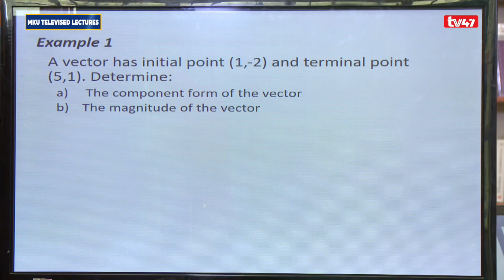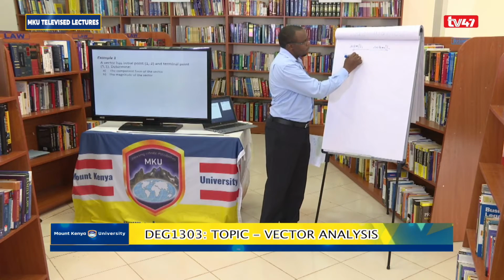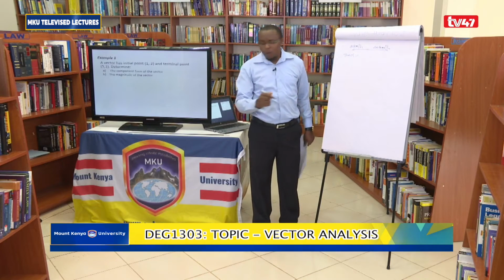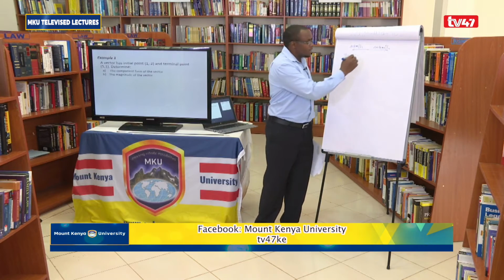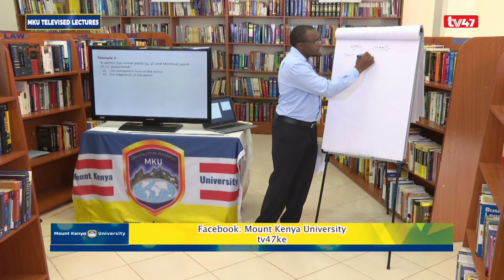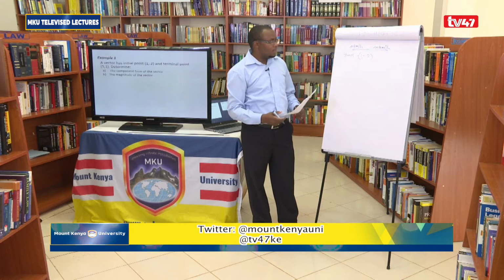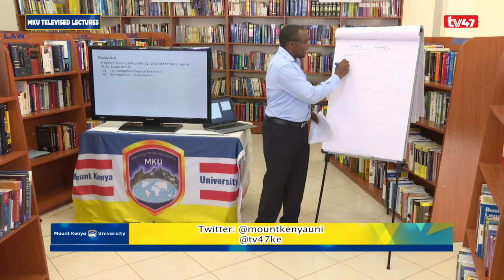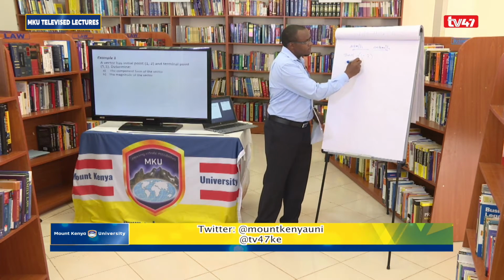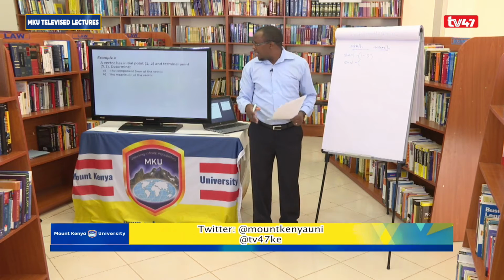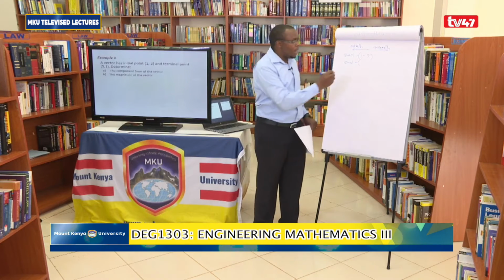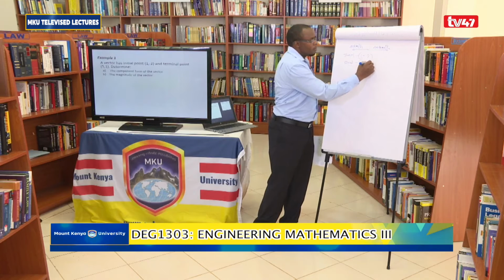So the start point is 1, comma, negative 2. You must put a comma to show that it is a point. And then the end point is shown by 5, comma, 1.